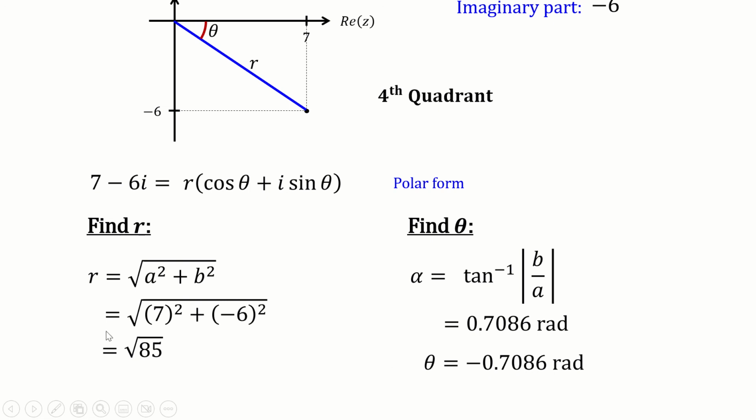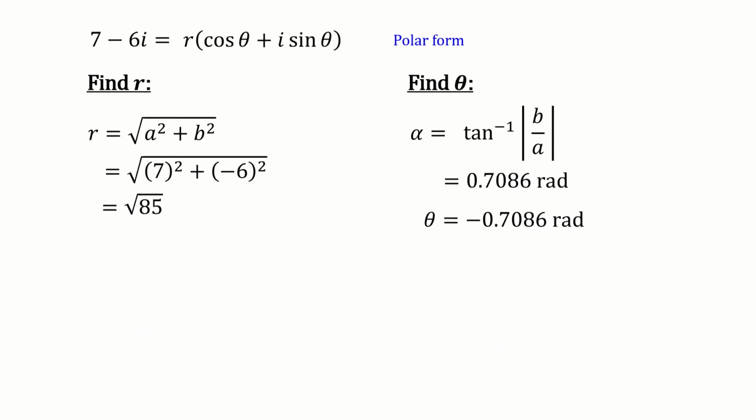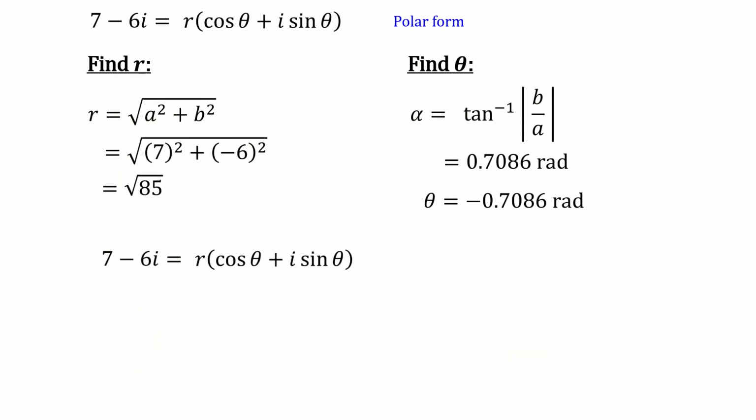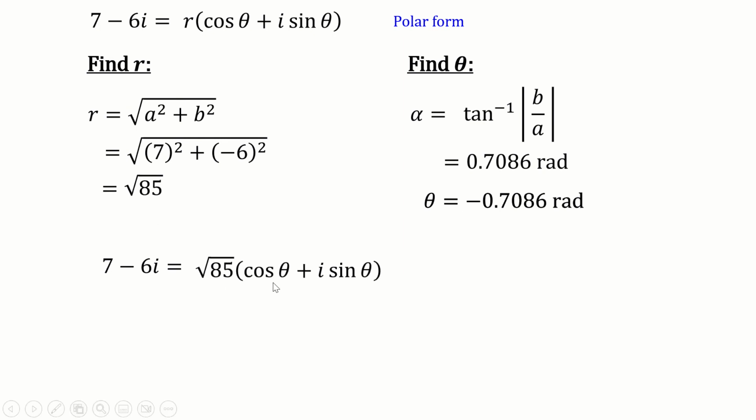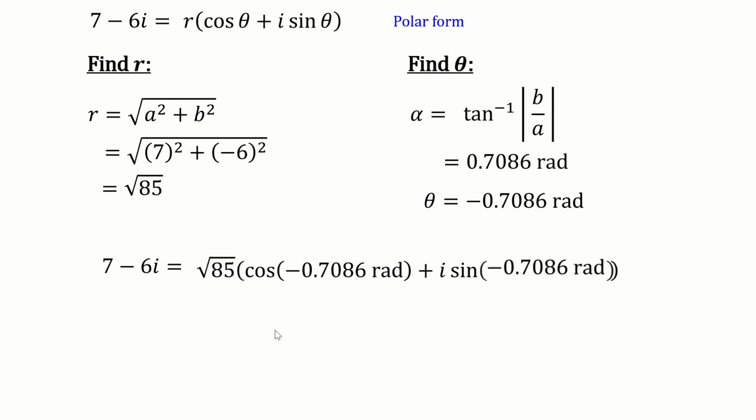Right, so now we have the values for r and theta. So now we can substitute those two values into the polar form. So r is equal to the square root of 85 and theta is equal to negative 0.7086. So now we get the polar form for the complex number 7 minus 6i.